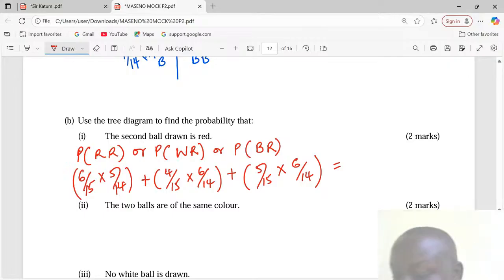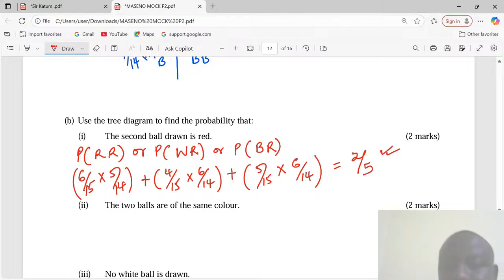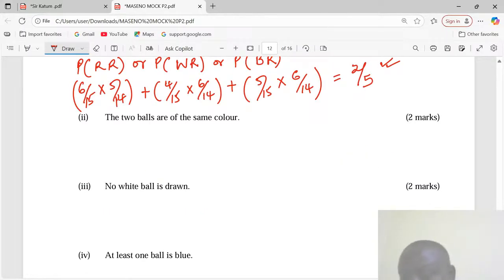I'm getting 2/5. I don't know what your calculator is telling you. 2 out of 5. Thank you. 2/5. There are some people with the same answer as mine. Very true. 2/5. From your comments and also on the board, we're having 2/5. I like those people who are very accurate.